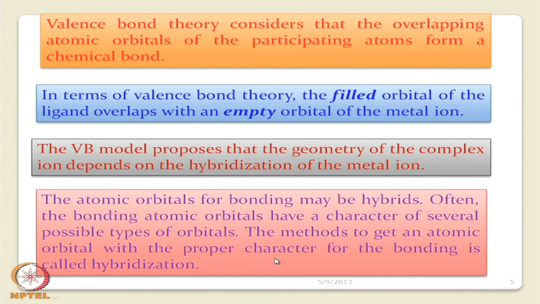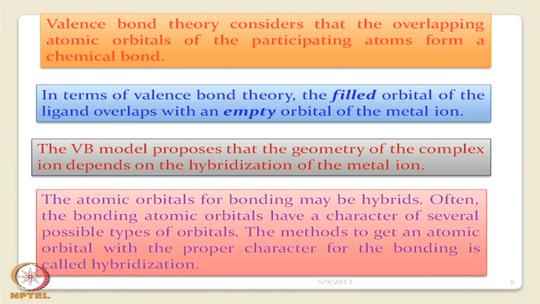So, it is not the pure s or the pure p which are being utilized for bonding, because we need a particular geometrical orientation. The stereochemistry of the metal complex cannot be explained by taking the idea that only the p orbitals or only the s orbitals are involved in bonding, but the hybridized orbitals are involved in this particular type of bonding.